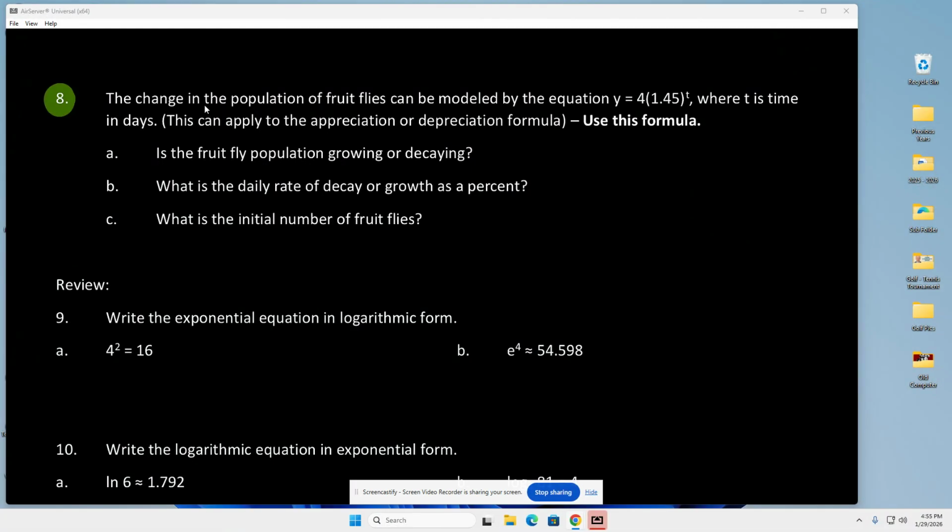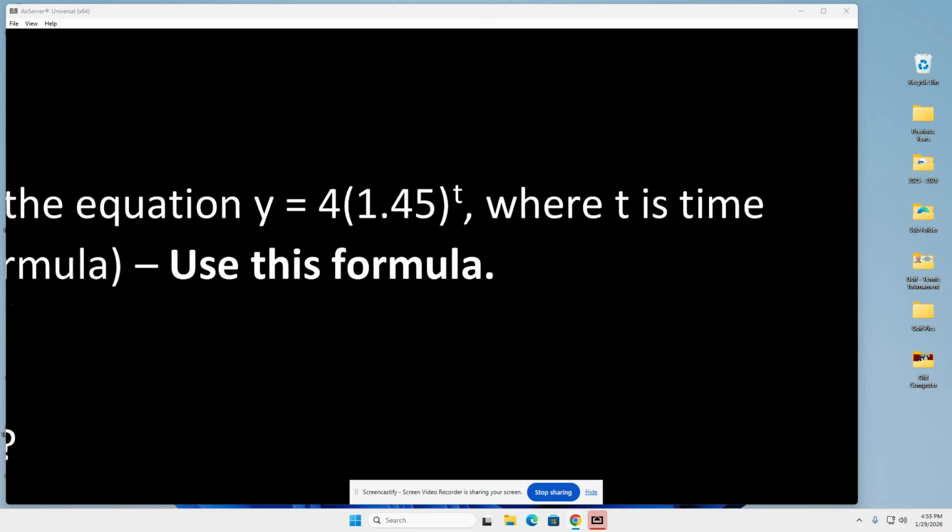I said yesterday that maybe this one would be a little bit harder, but hopefully not, considering what we've talked about. It says the change in population of fruit flies can be modeled by this equation. So I hope that you guys recall, when I look at this equation and I understand what's going on, I should remember that it's P, and it's either 1, which I see right here, and it's either plus or minus an r, raised to the t power.